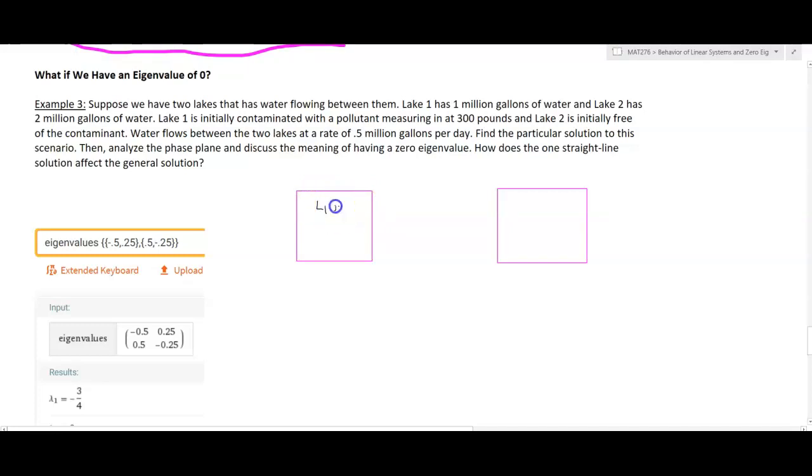Lake 2 initially has 2 million gallons. And we know water flows between them. So water flows this way, and water flows back the other way. So there's no foreign source. The only flow is happening between the two lakes.